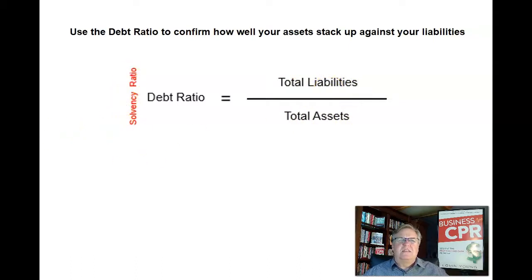This is a solvency ratio, and it's a measure of how much risk is in a business. While a creditor would look at this ratio to consider whether or not to loan you money, I look at this ratio from the standpoint of how much stress and strain a business is exposed to, particularly as it relates to cash flow.